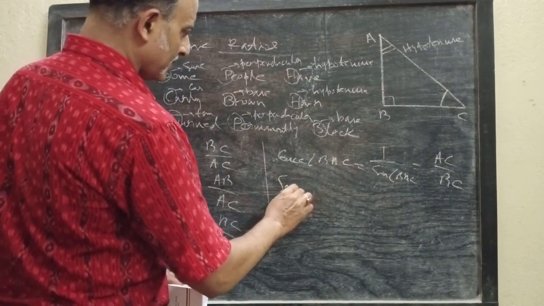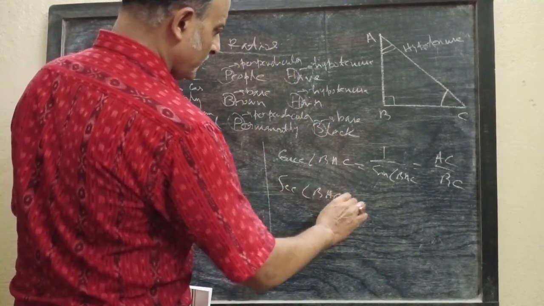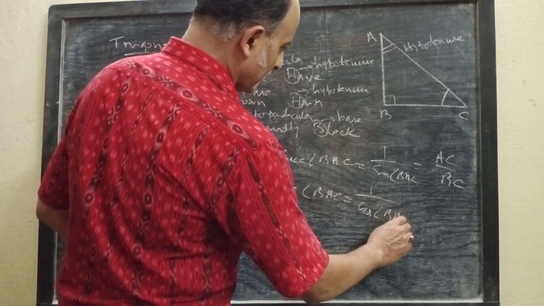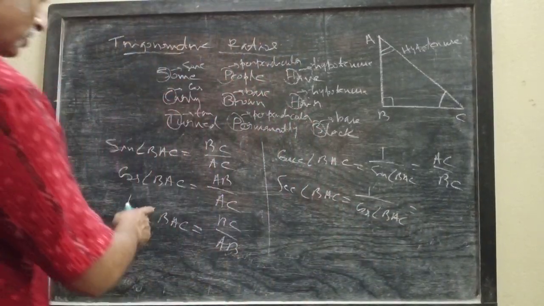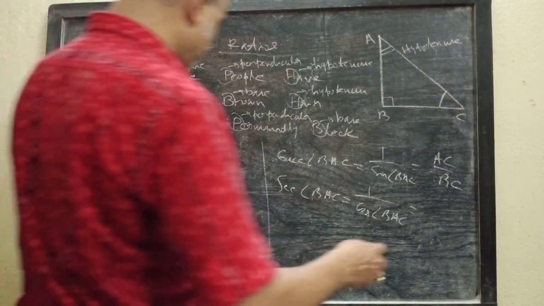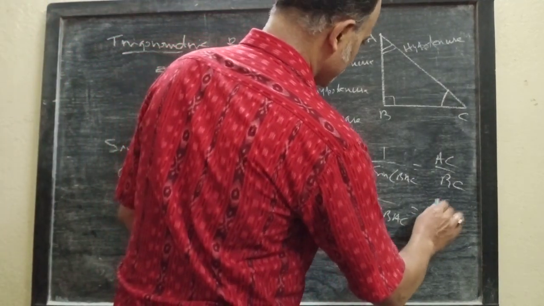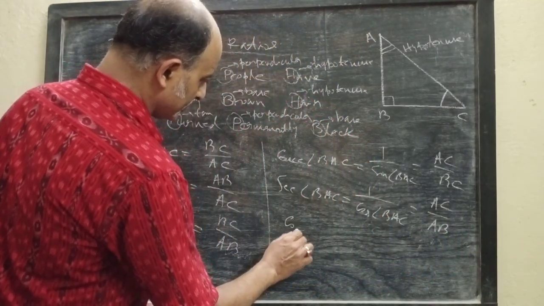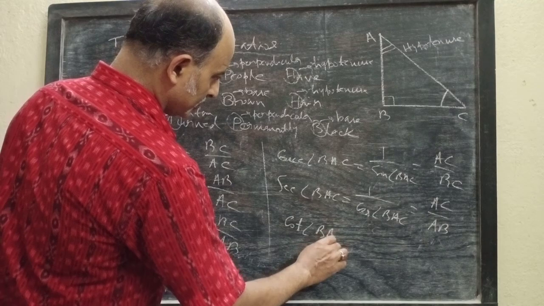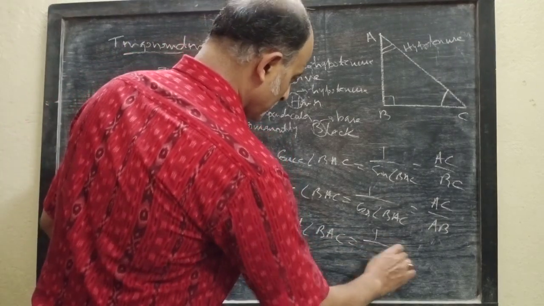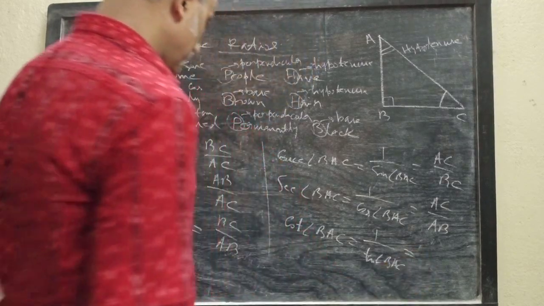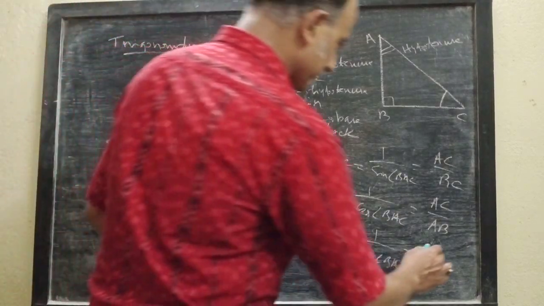Similarly, sec angle BAC. This is the reciprocal of cosine. So 1 by cos angle BAC. Cos was AB by AC, so this will be AC by AB. Next, cot angle BAC. This will be 1 by tan angle BAC, which is AB by BC.